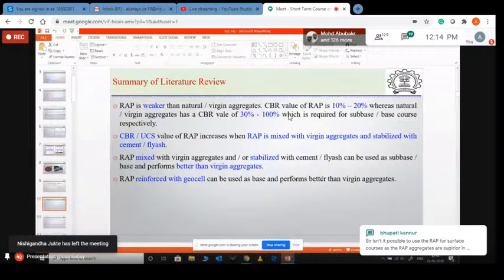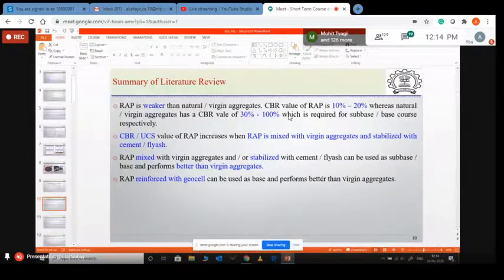So as I said, I studied some literature also, and I found that RAP generally has got CBR value in the range of 10 to 20%, whereas for base and sub-base, the requirement of CBR is 30 and 100%. For sub-base, it is 30%, and for base, it is 100%. So generally, RAP is considered weaker.